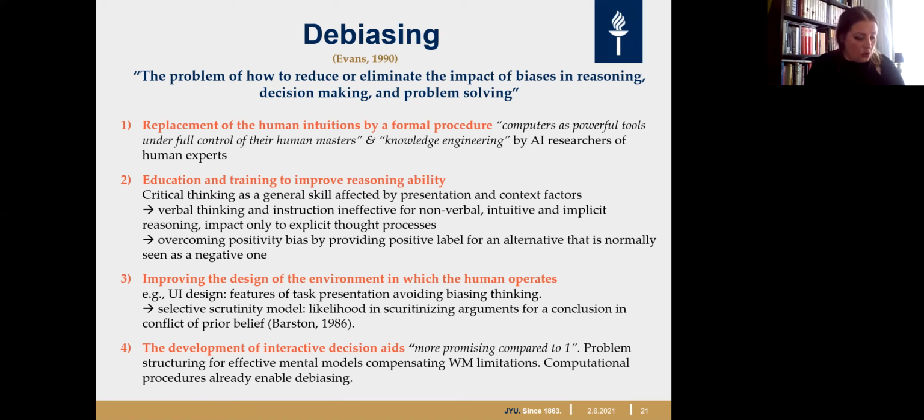And of course, if we compare that, we wouldn't have any tools that aid in thinking, or if we would only have pen and paper and somebody telling us the different objectives and values. So it's understandable that the computational procedures already enable debiasing.